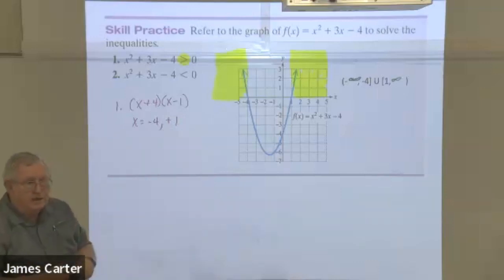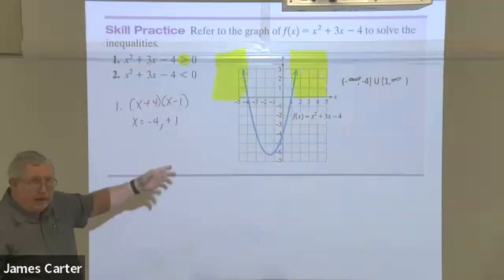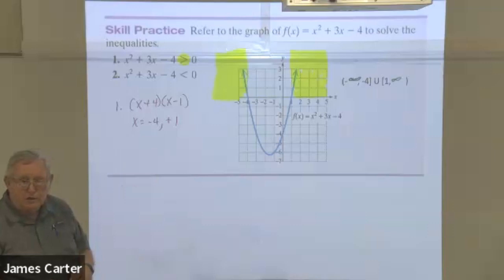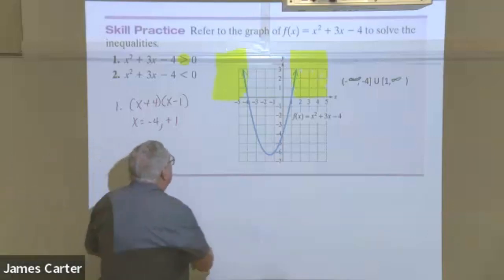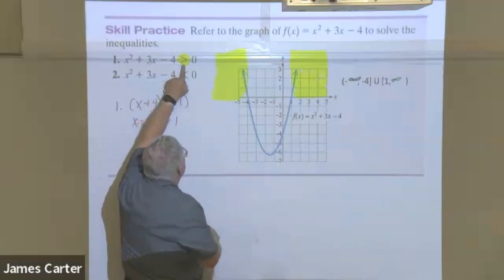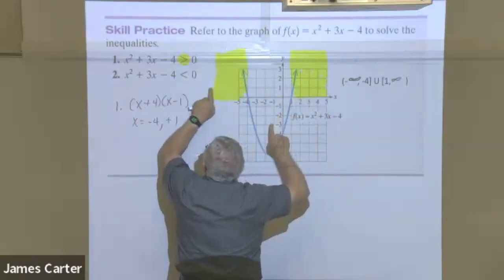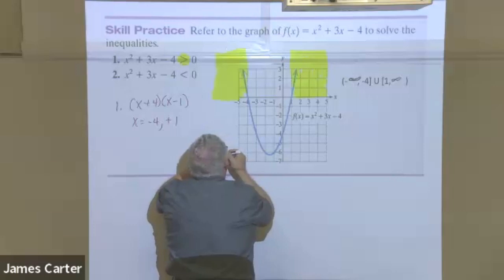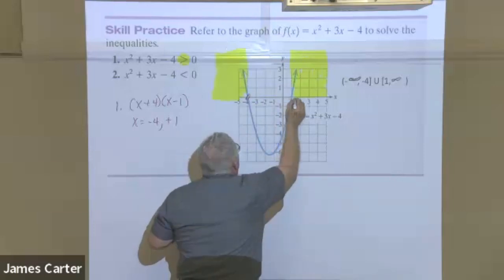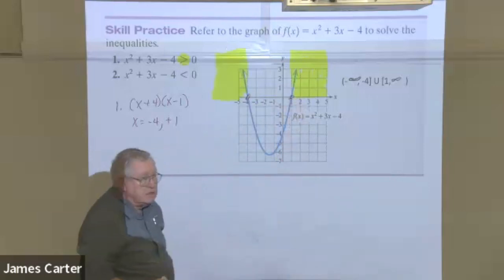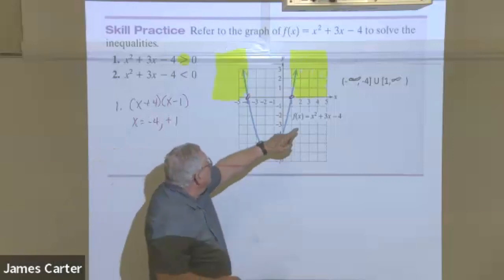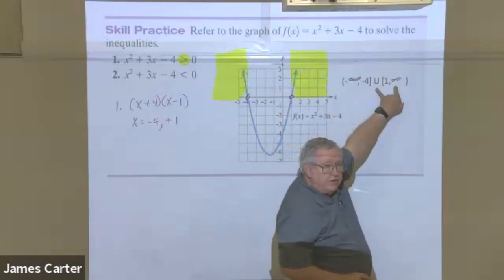Okay, that being the arithmetic to go with number one and number two actually. Okay. So in this case, where it's greater than, like the last, it's everything above here, but it does not include those 2 points. So therefore, here is your interval notation.